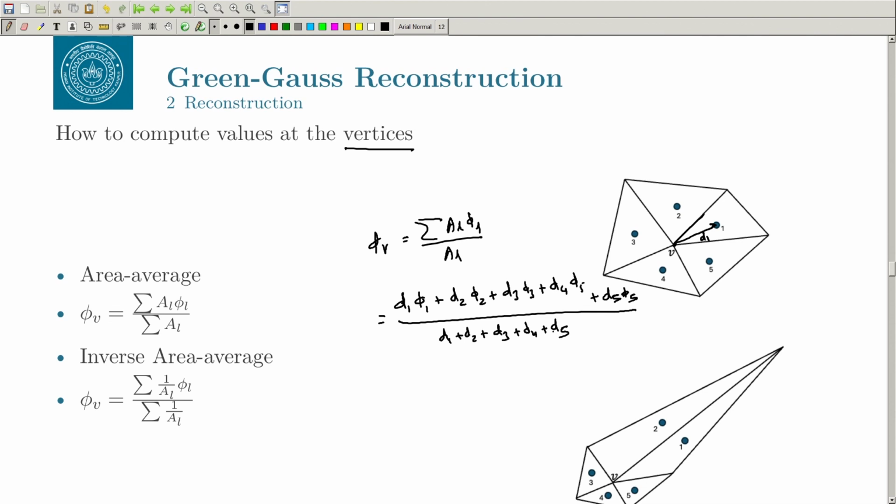So, this makes sense that you have taken an area average.